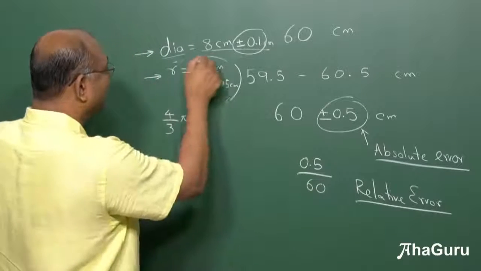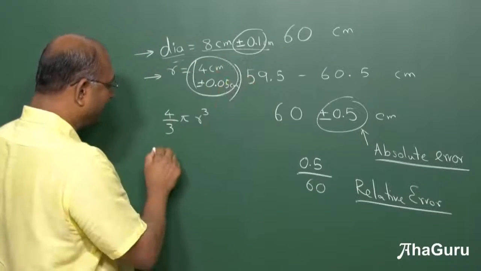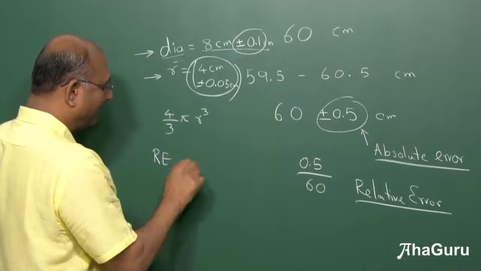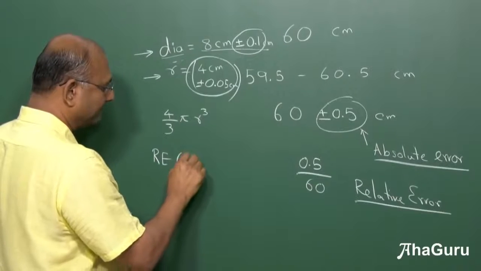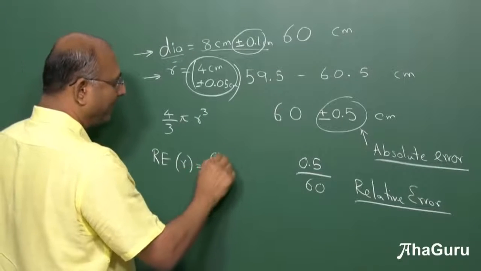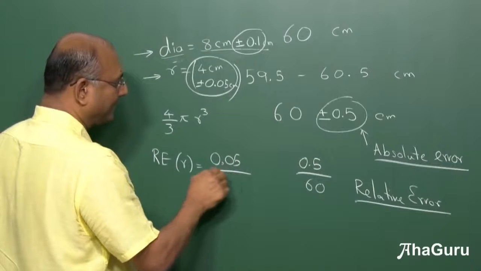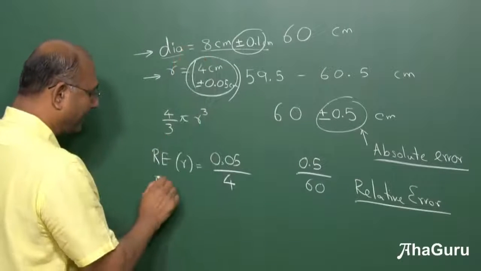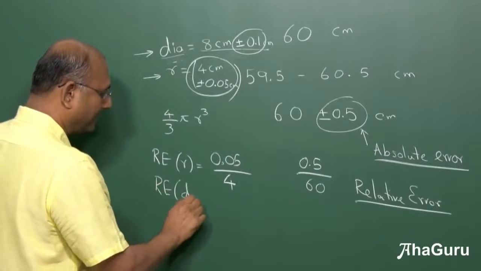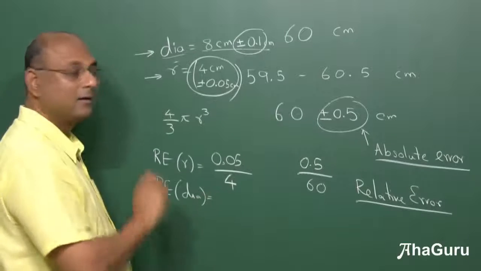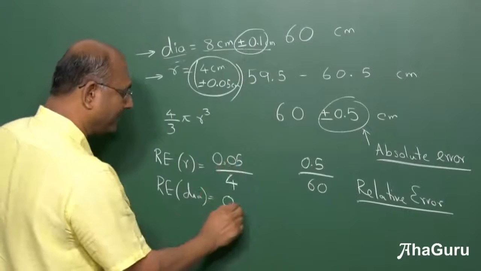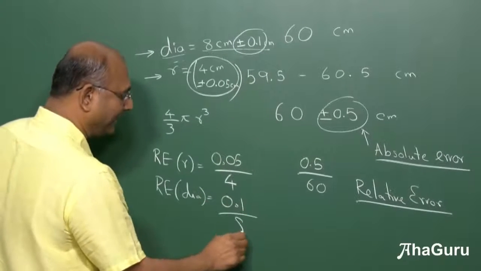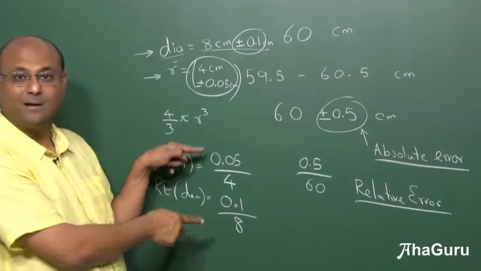Now if you take the relative error for R, what is that? 0.05 by 4. What is the relative error for diameter? What is it? 0.1 by 8. Can you see these two are equal?